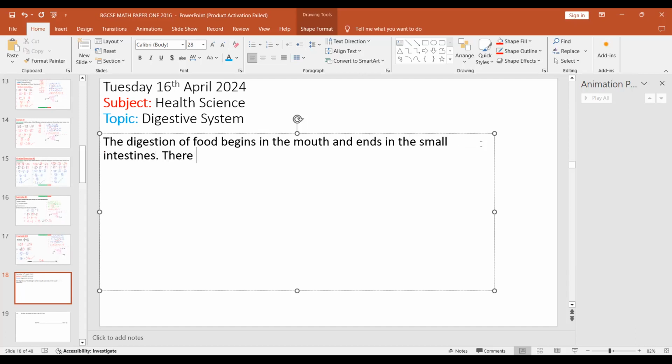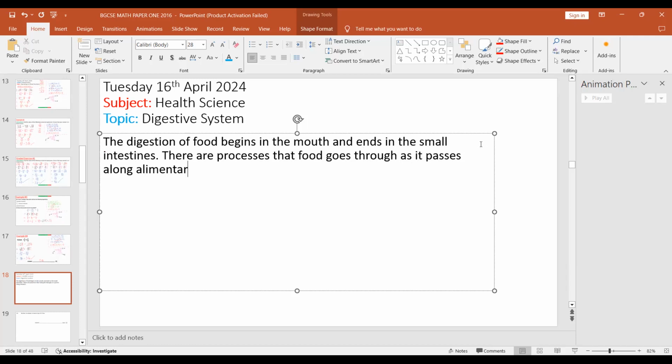Now there are processes that assist in helping the food to digest, and the food goes through different stages as it passes through the digestive system, or we can say it passes along the alimentary canal.